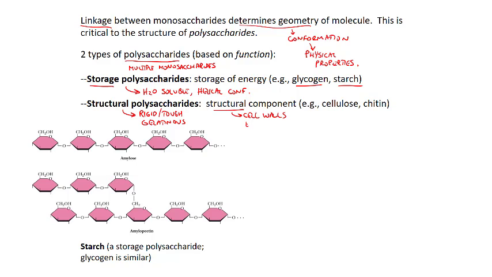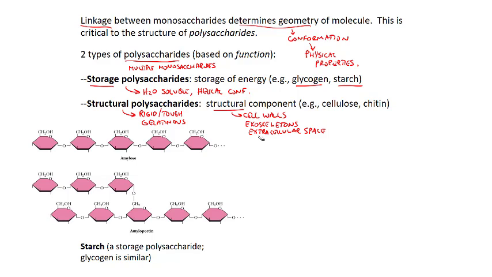But insect exoskeletons, for example, those are made partially of carbohydrates. And we also said the extracellular space is filled with gelatinous structural polysaccharides. And these differences in properties all come down to the difference in the shape, which has to do with the shape of the glycosidic linkages.